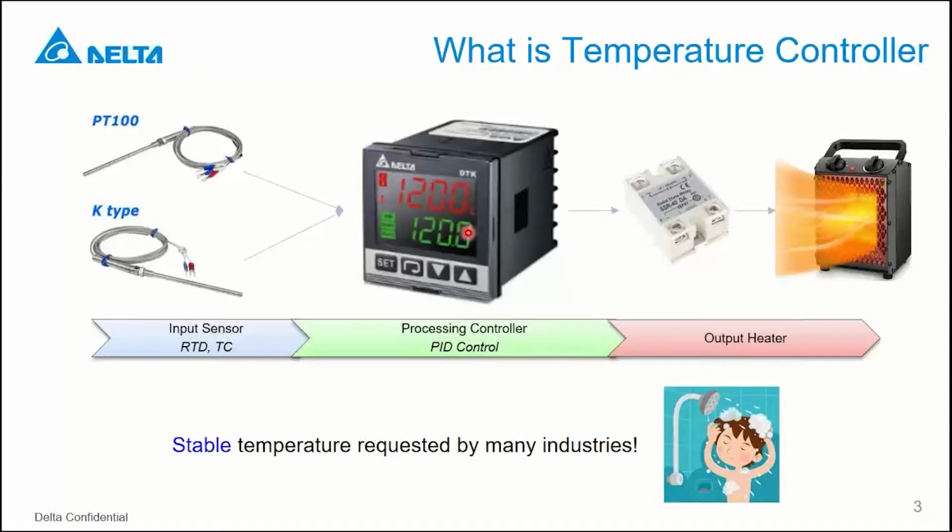Mostly the controller will process the input, then control by, like, a PID control, then give an output to the heater, and this is an SSR or relay to control the current, and then control the heater. And this is the normal process of the temperature controller.